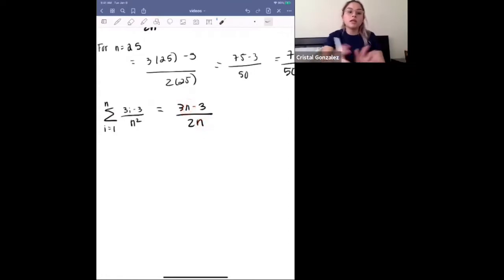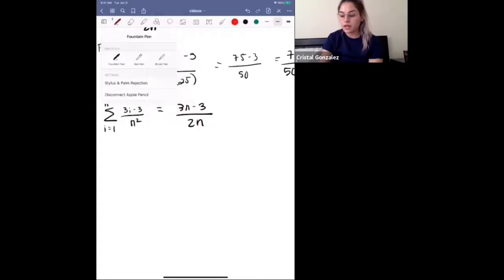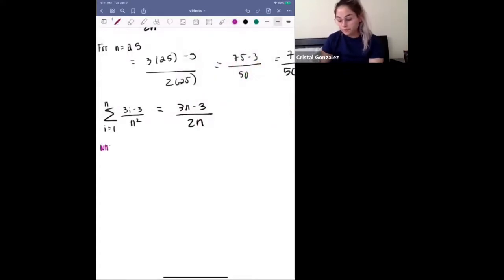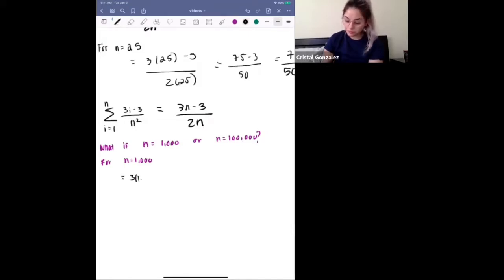Now you have that formula, easy peasy, because right here I only gave you 1, but what if, and actually let me write this down, what if n equals 1,000? Or what about n equals 10,000? Now for n equals 1,000, we'll get that the sum is going to be equal to 3 times 1,000 minus 3 all over 2 times 1,000.